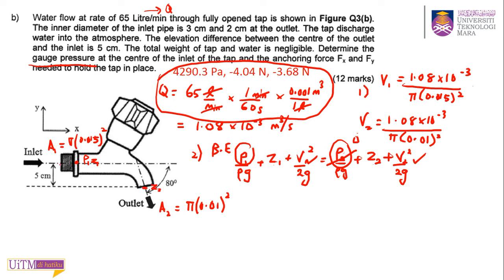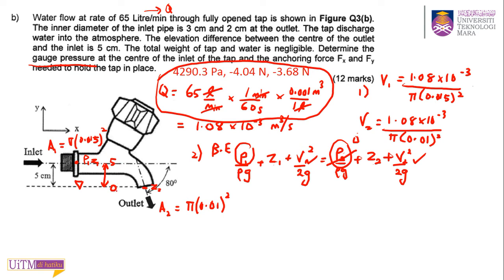It depends on where your reference point is. Maybe you take Z1 as the reference point and Z2 will be minus 5. If your reference point is Z2, this is 0, and this will be 5.